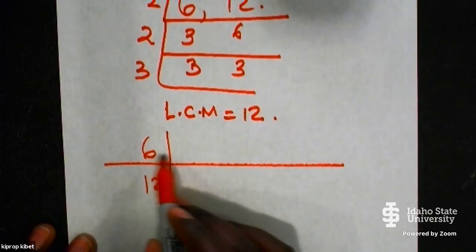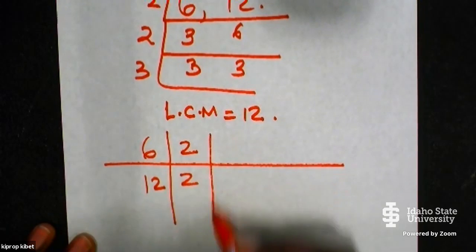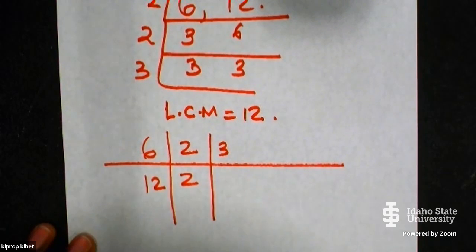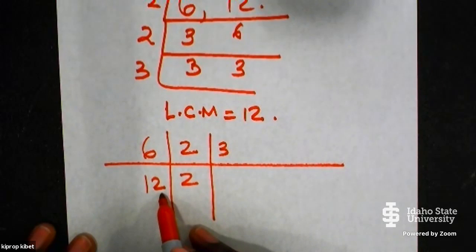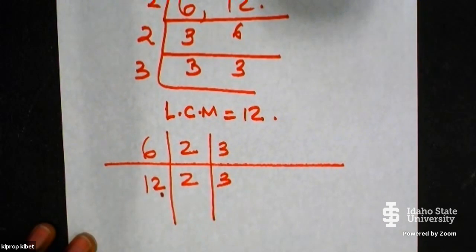What is dividing both? It is 2, and then we also have 2 there. And then what remains is 3, and what was remaining here? 6. So we put 3 there.